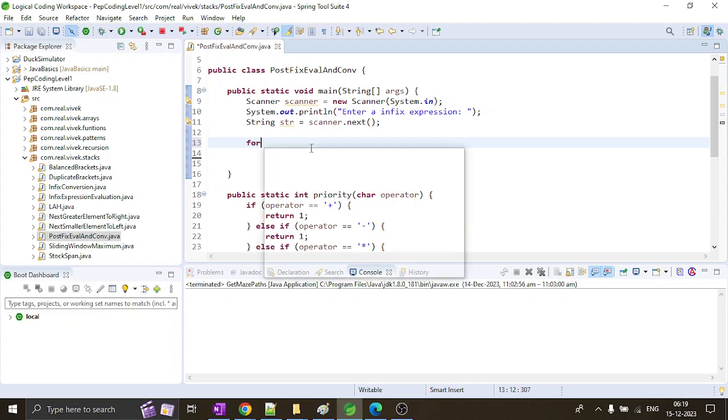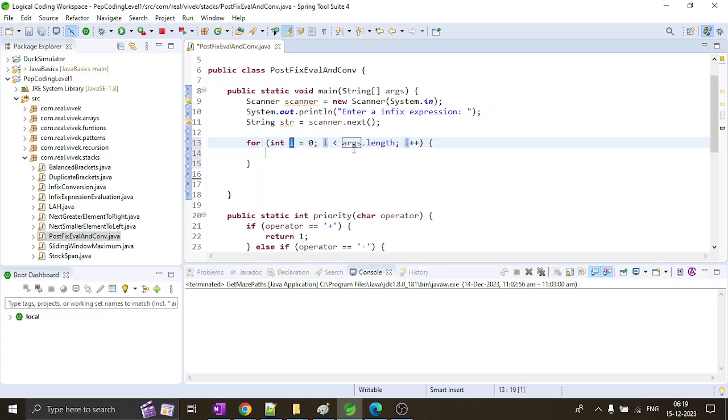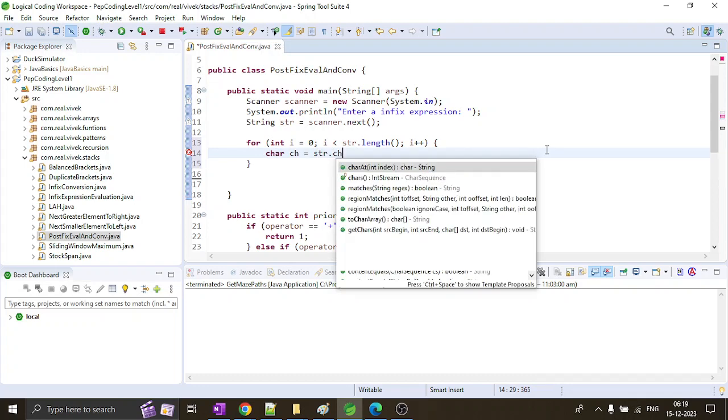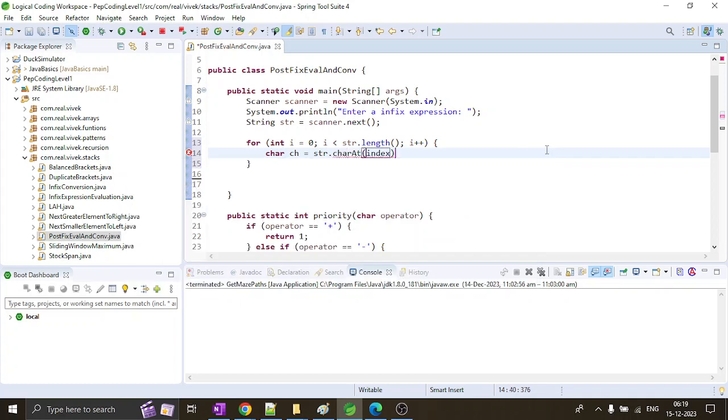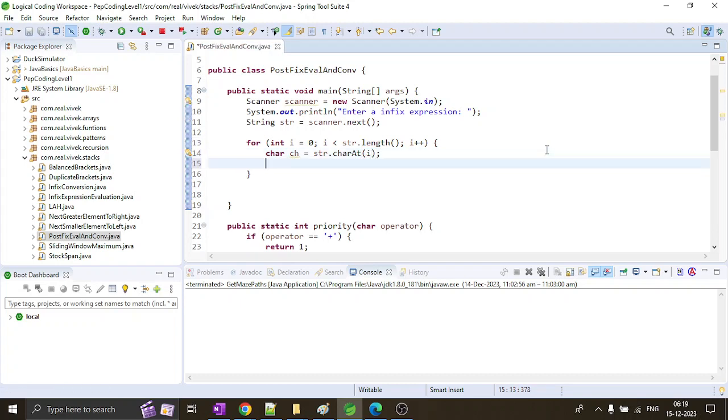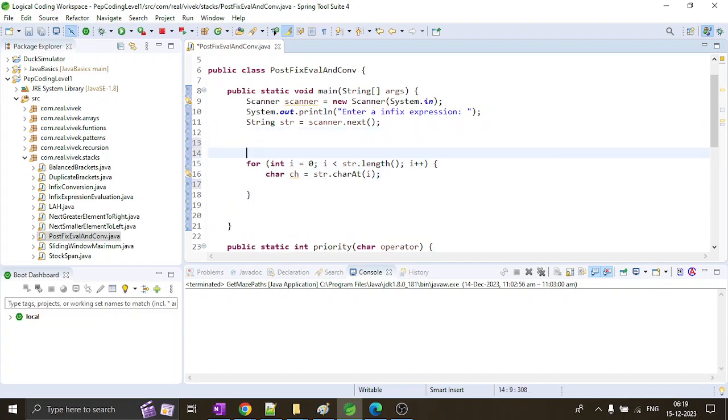So what we'll do is we'll iterate over the string dot length. We will get the ch. So before that we'll have to make three stacks. So the evaluation stack, I'll call it the valuation stack.